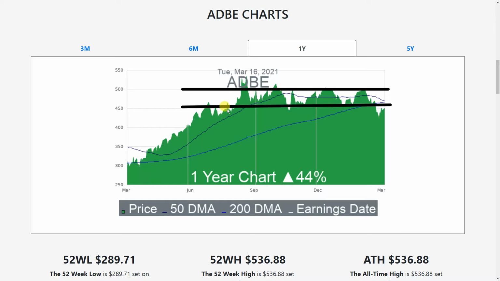What's happened now that you see those two trend lines, you'll see that the price went up through, and then hit this 52-week high and all-time high, but then kind of came back down, went up again, came back down, went up again, came back down halfway, went up again.